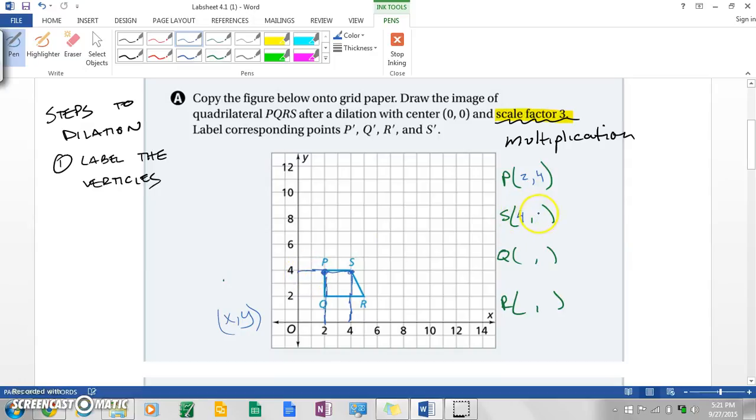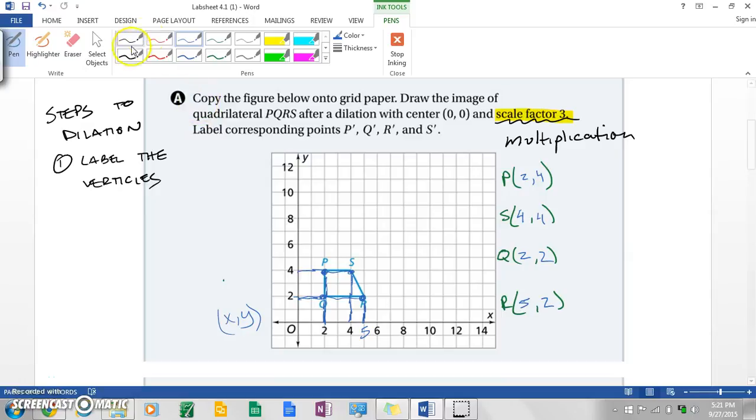Our point for S is 4, 4. Q is going to be here at 2, 2. R is going to be here at 5, 2. Note that this is going to be 5 because it's in between 4 and 6. In between 4 and 6, it's just going to be 5.